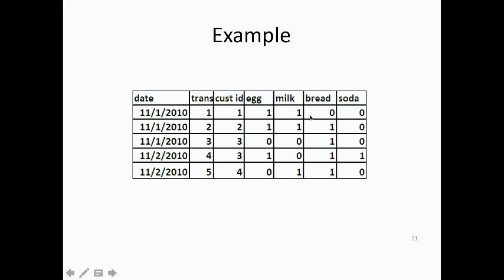And these are indicators of whether a product has been purchased or not, and they don't imply the quantity. The quantity of items purchased is not considered in the basic Apriori algorithm for association rule mining. That's considered to be an extension.